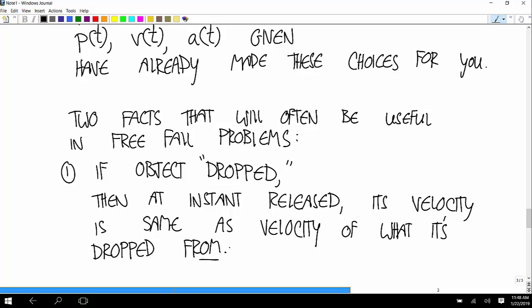So if you're in an elevator and you drop an object, at the instant you release it, that object's velocity is the velocity of the elevator. If the elevator is going up, the thing has a positive velocity at that instant. If the elevator is going down, it has a negative velocity at that instant. If you're on a bridge, like in the example we did, and you let it go, that starting velocity is the velocity of the bridge, so it's zero.